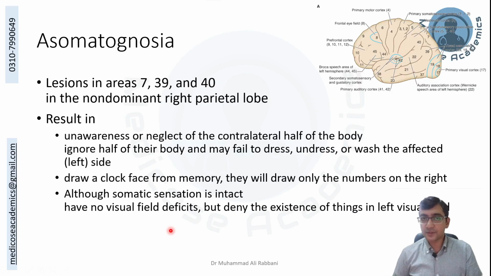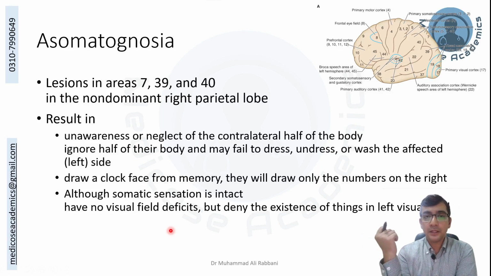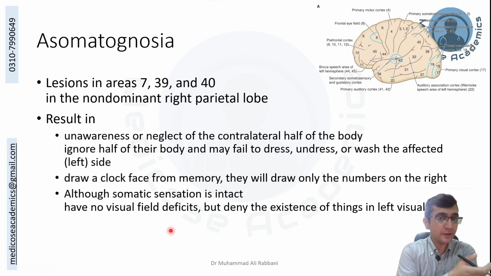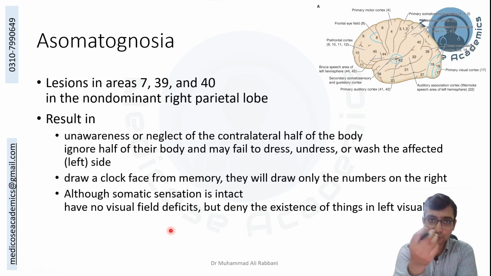If the non-dominant hemisphere is damaged, that is the right hemisphere in most cases, that leads to the person becoming totally unaware and neglectful of the contralateral half of the body. So it will be the left half of the body. The person will totally ignore it.